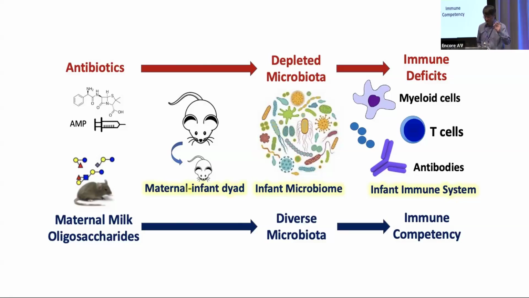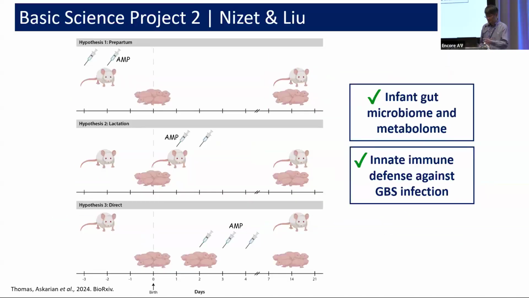So we are giving in this project the antibiotic, ampicillin, to the mom or to the infant, and then trying to look at the microbiome and the metabolome, and then assessing the effect of this on the immune function in the infant, both innate and adaptive responses. More specifically, we have 3 ways of giving the antibiotic.